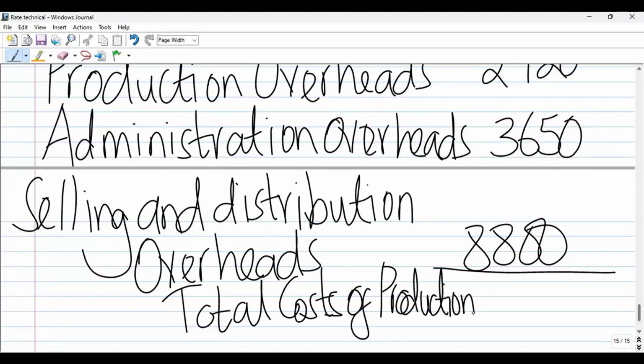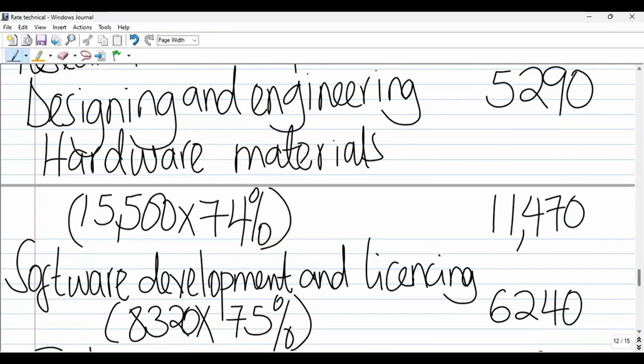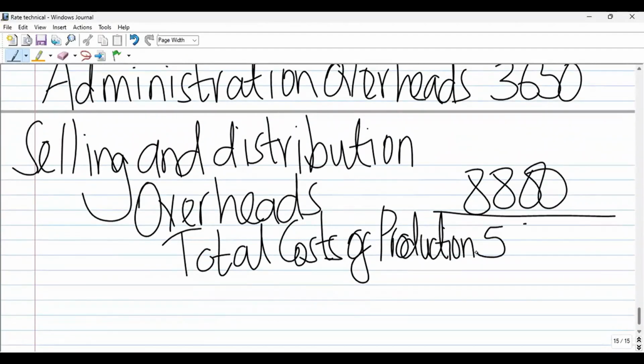Madam, sir, may you please scroll up? Add up the costs very fast. We need total cost of production. 55,800. The rest, are you also getting the same? Yes.